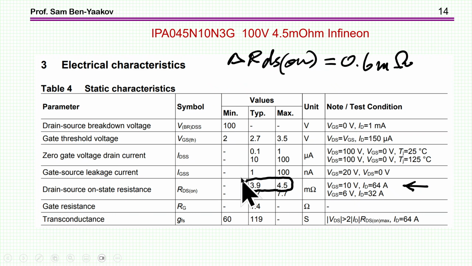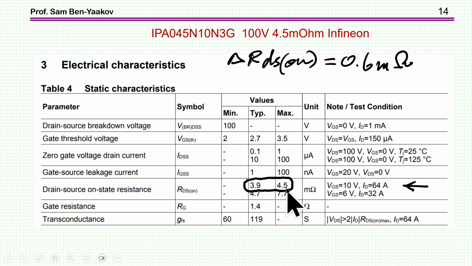So first of all, of course, is to look at what deviation you'd expect in the resistance. I'm talking about a transistor which is 100 volt, 4.5 milliohm by Infineon. This is this transistor. And we see that the deviation is about 0.6 milliohms, between 3.9 and 4.5.